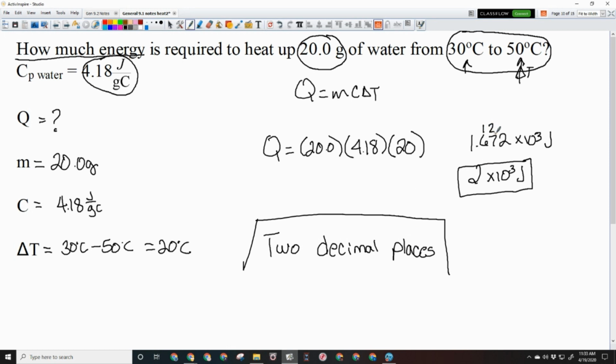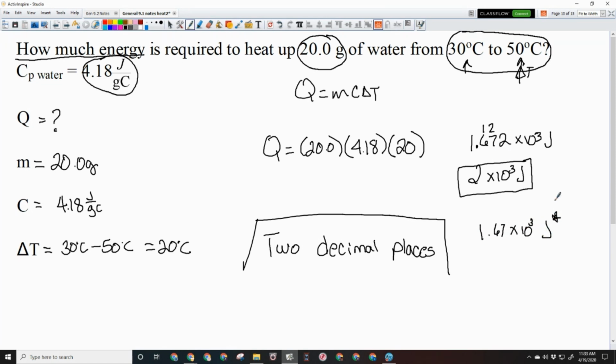Here's your first, here's your second. So it's expecting 2 numbers after your decimal. So if we were going to put this in Canvas where it's asking for 2 decimal places, the answer is going to be 1.67. This 2 is not going to bump this 7 up. 1.67 times 10 to the third joules.